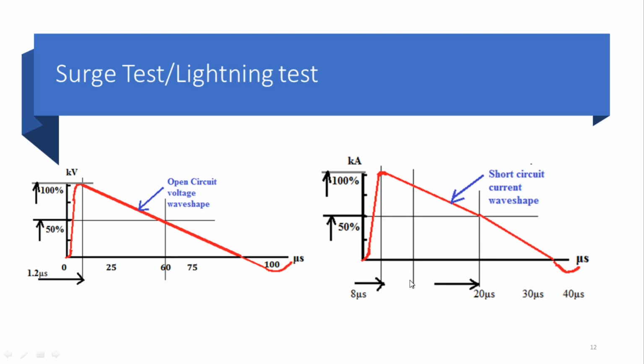The standard surge waveform for testing telecommunication cables, that is at the exit of a building, has a broadly similar shape with a 10 microsecond rise time and 700 microsecond fall time.